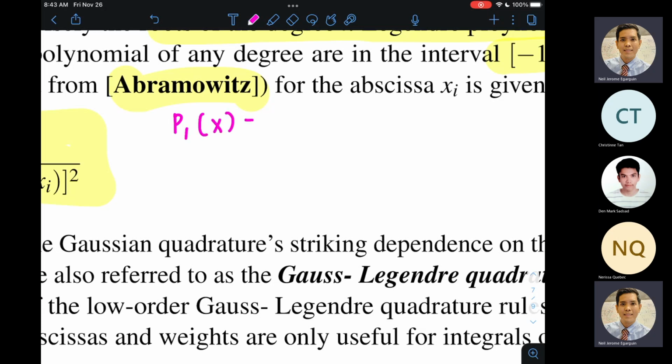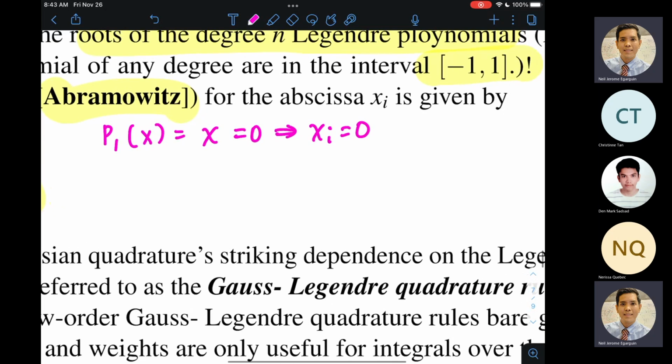But the degree 1 Legendre polynomial is this linear function x. Right? So when I equate that to 0, I get x sub 1 equal to 0 only, which is the midpoint between -1 and 1. So remember, the 1-point Gaussian formula is simply the midpoint rule.